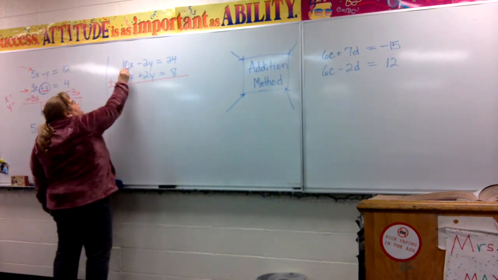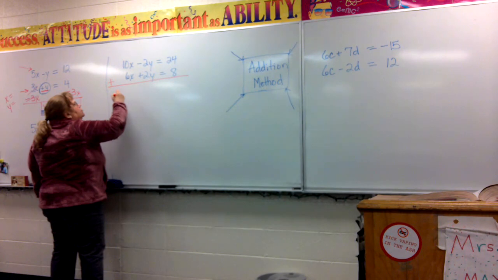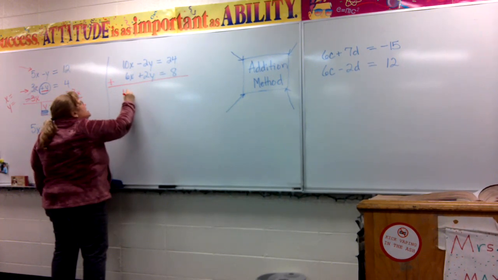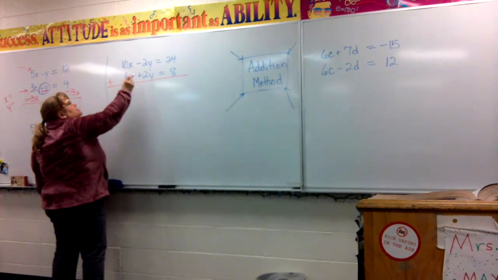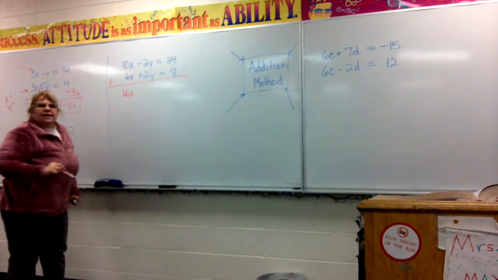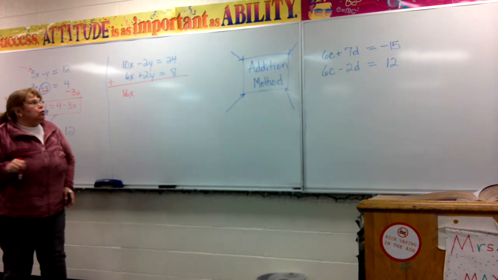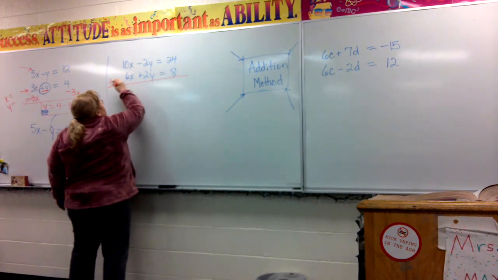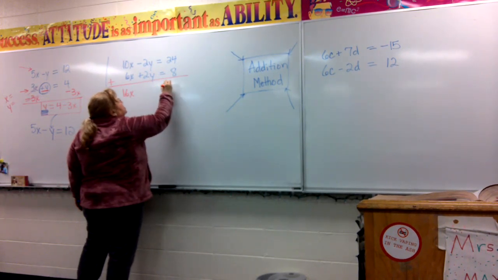What is 10x plus 6x? 16x. Look at this. What's negative 2y plus positive 2y? Nothing. Goes away. And what's 24 plus 8?